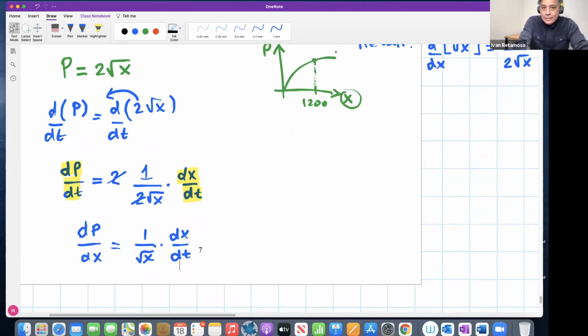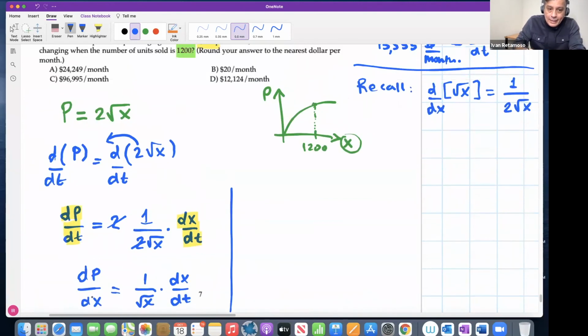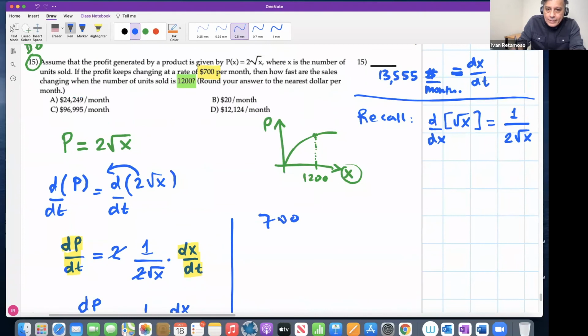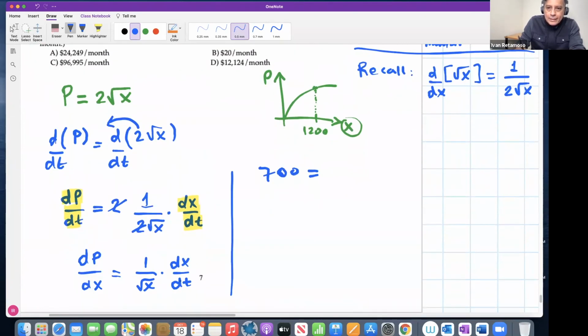No, not increasing anymore, right? But we're gonna calculate what it is. It's still positive, but we will calculate how much it is, and that's the idea of this related rates problem. So this guy is given, they say, for this being 700, what should be the rate of change of X?